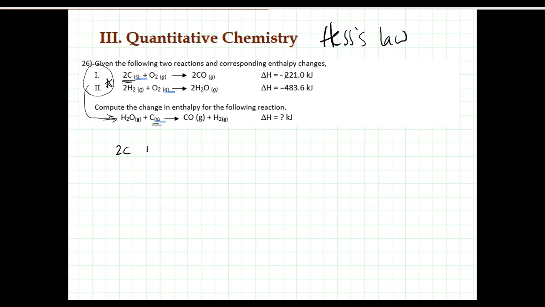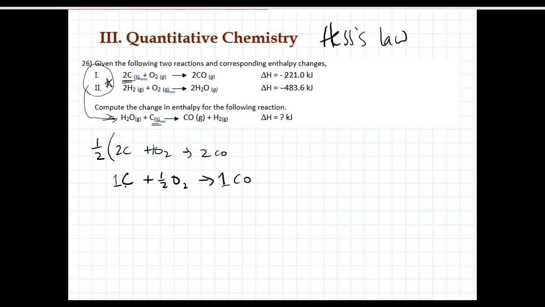So again, I'm going to take 2 carbons and an oxygen, which makes 2 carbon monoxide molecules. I'm going to chop the whole thing in half. That's going to give me 1/2 times 2 is a carbon, just 1. 1/2 times 1, invisible 1 is right there, is half an oxygen gas molecule, and that's going to give us 1/2 times 2 is 1 carbon monoxide molecule.